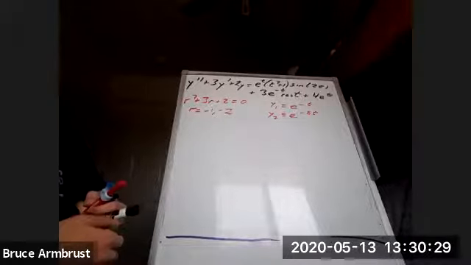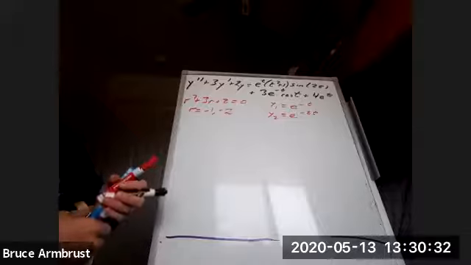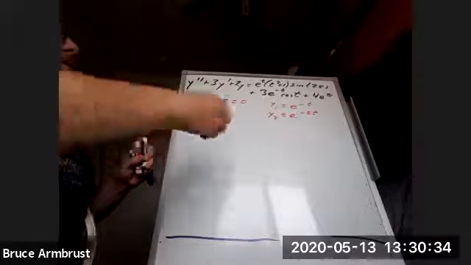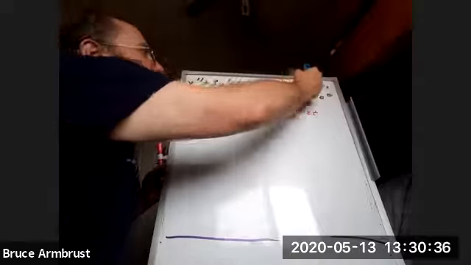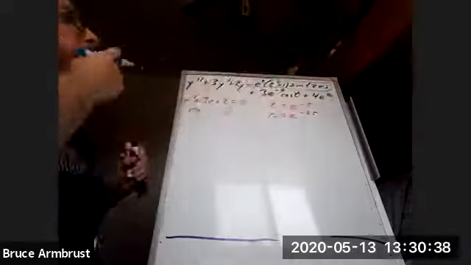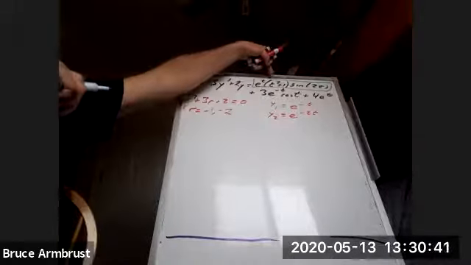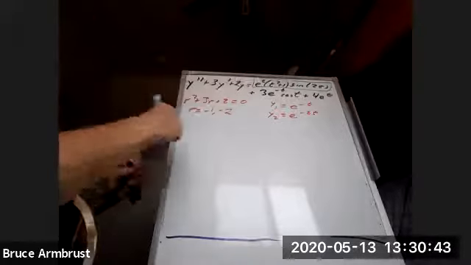All right, well, let's start building this sucker. So for the first piece, we'll do this one in blue. Notice that we've got an exponential times a polynomial times a sine.